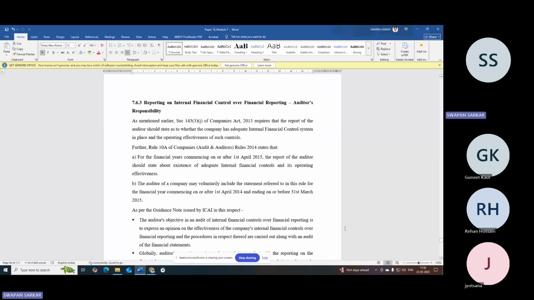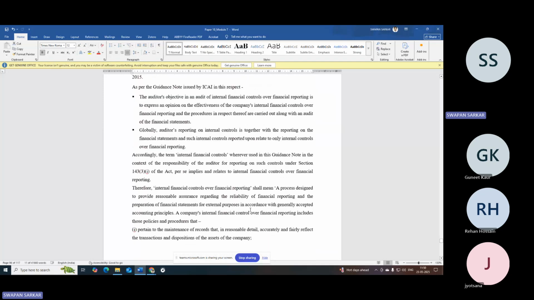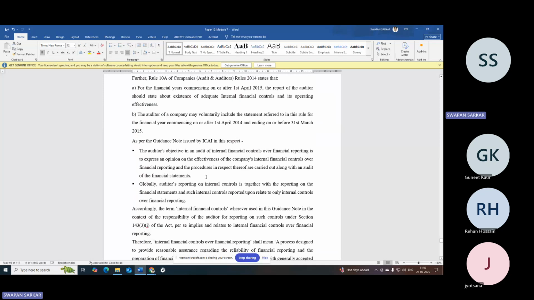Reporting on internal financial control over financial reporting, auditors' responsibility. Now, as per the guidance note issued by ICAI in this respect, the auditor's objective in an audit of internal financial control over financial reporting is to express an opinion on the effectiveness of the company's internal financial control over financial reporting, and the procedures in respect thereof are carried out along with an audit of financial statements.